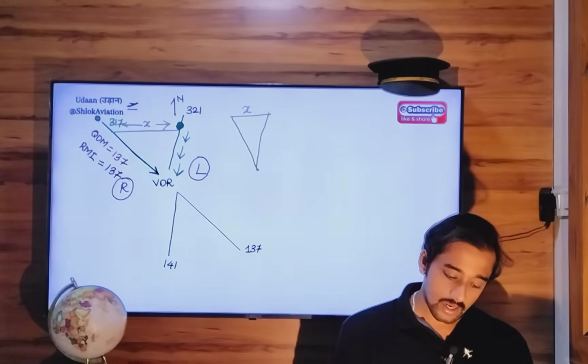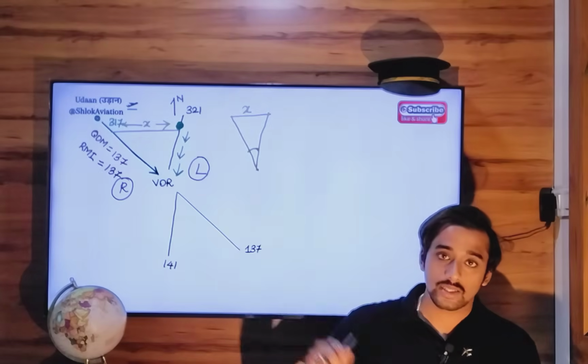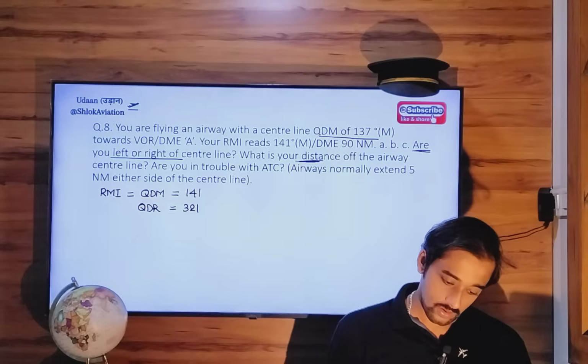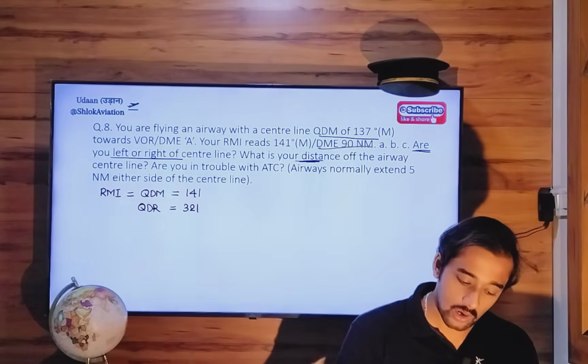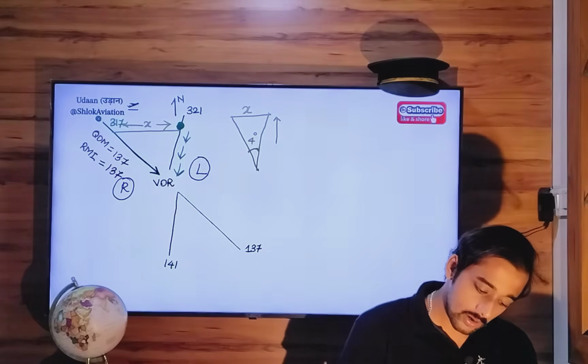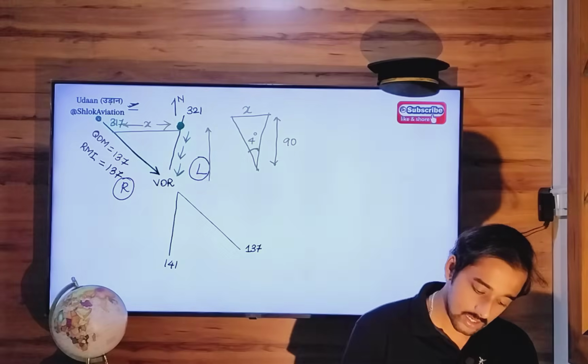The angle between 321 and 317 is 4 degrees. And the distance along the track is 90 nautical miles.